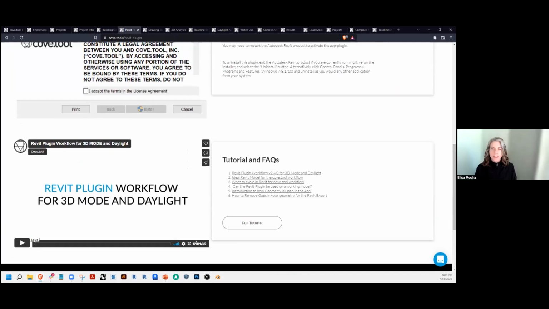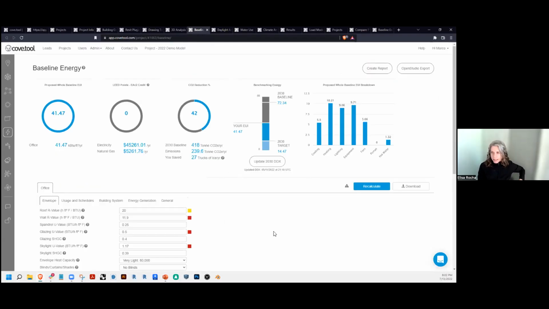And then Marco, can you report directly or generate reports directly from the cove.tool site for, let's say, AIA 2030 reporting or tracking LEED, that kind of thing? Not that you would issue something directly from the site for LEED accreditation, but just something to track measures.